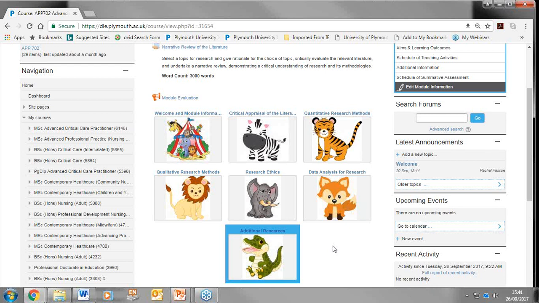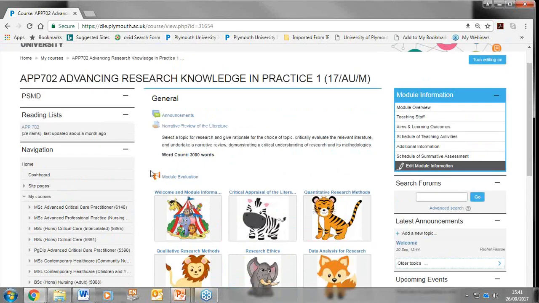Is there anybody viewing now that doesn't have access to this module page? You might have access to another one as well. If you were enrolled on another one before, it doesn't disappear, but as long as you've got access to this. Anything under the general section. So none of this area comes up.